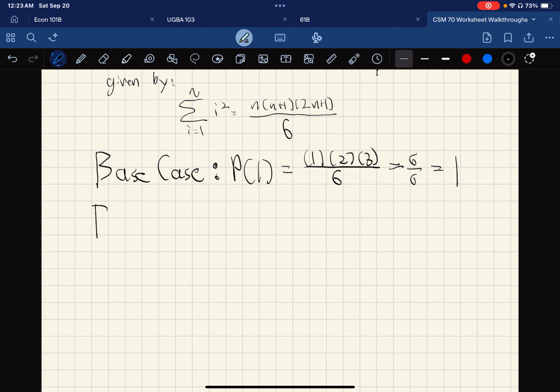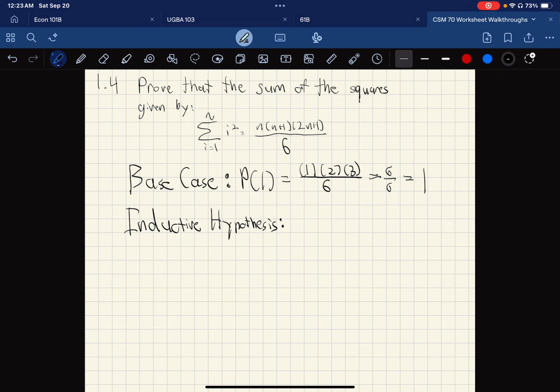Now we move on to our inductive hypothesis. Our inductive hypothesis is that this statement holds up to some arbitrary number k.